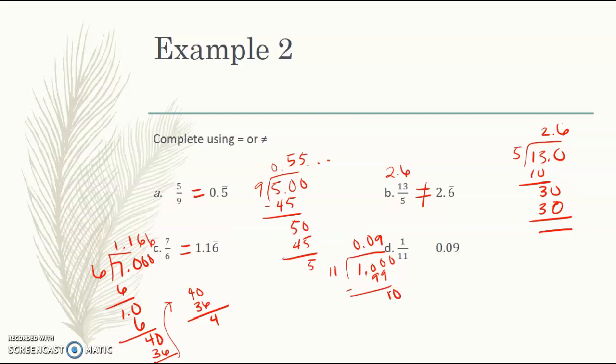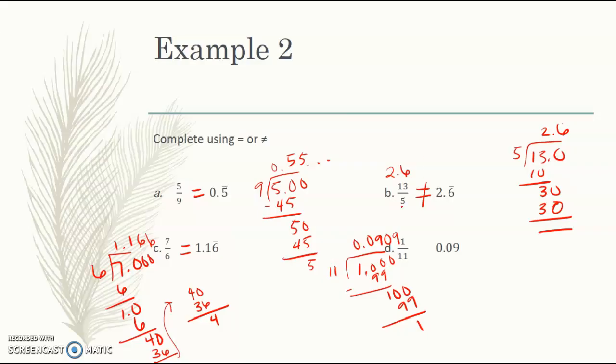I add in the 0, it doesn't go into 10, so that would be 0 times. I add another 0, and I get 9, which is 99, which leaves me with 1.